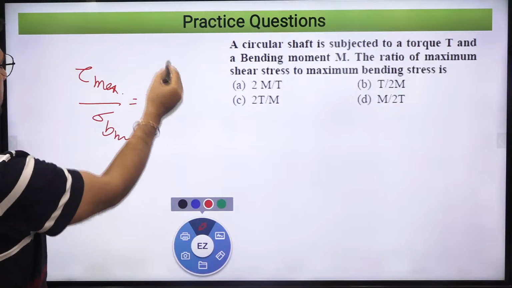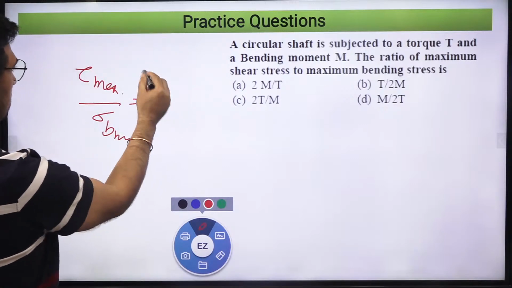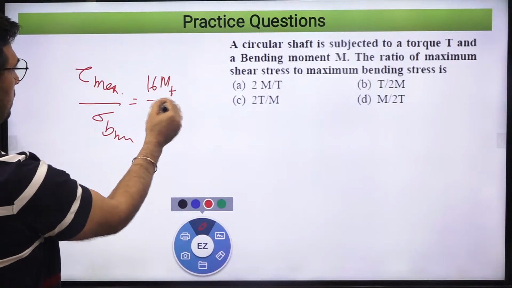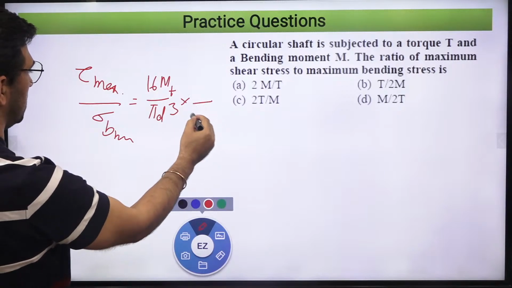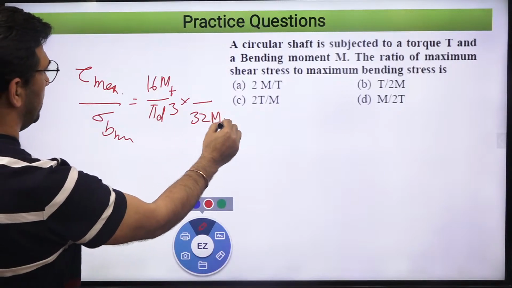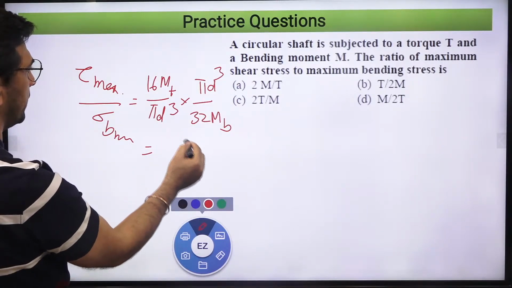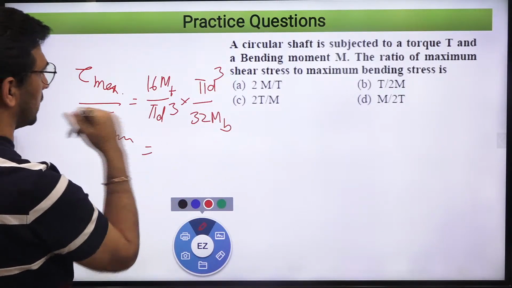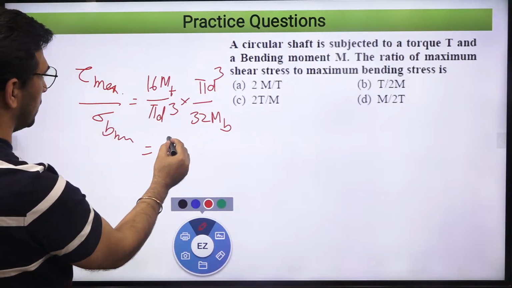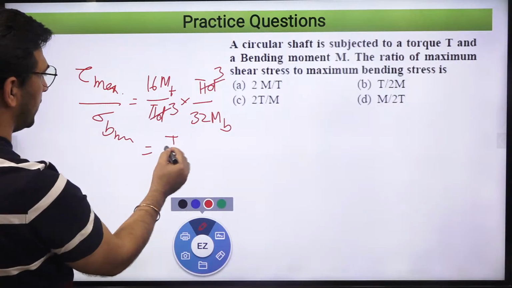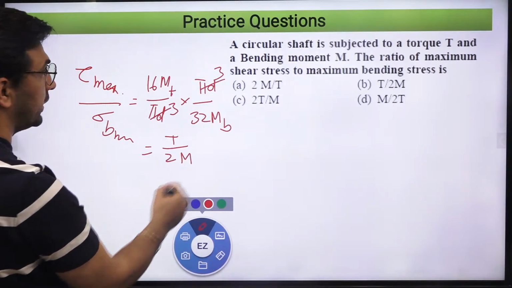So you know it, maximum shear stress is 16 mt by pi d cube, divided by 32 mb by pi d cube. So it becomes, he is saying this torque. Okay, good. So torque, he is representing this. So T divided by 2 mb, he is representing it as m. T by 2m.